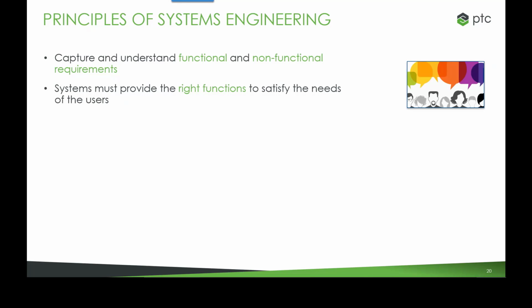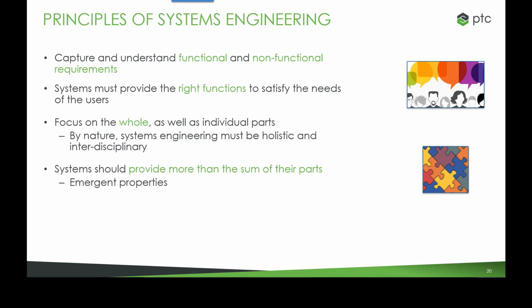That's the first step. Understand what we need to do. Understand what the right functions are that are needed to satisfy those requirements. So they're very similar, but it's a slightly different perspective. And of course, this is all about listening to the users, understanding the domain, the environment that you're working in, understanding the stakeholders that are at play, and listening to what they need.